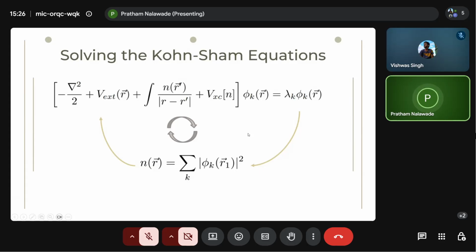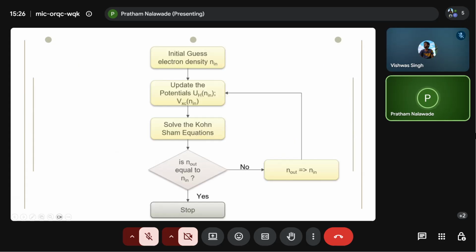You do this until the initial input charge density matches the output charge density well enough. So that is your ground state charge density basically. But you can only do this when you know what this last term is. This is the algorithm which I just explained.